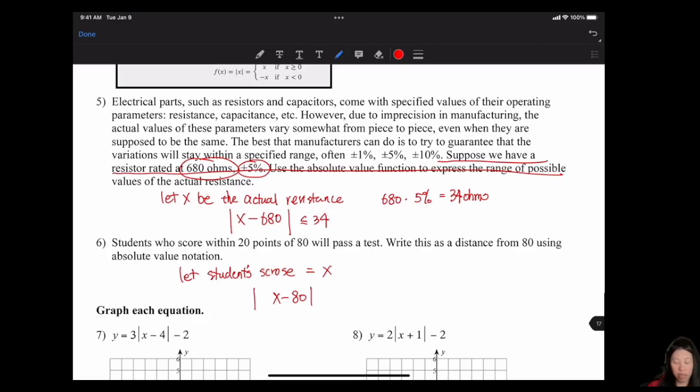So that means X minus 80 has to be less than or equal to 20. That means X can be 100, because 100 minus 80 is positive 20. It's still within the 20 point range.